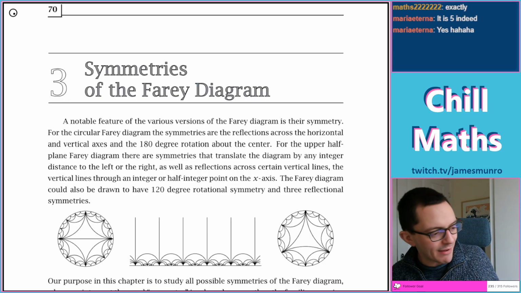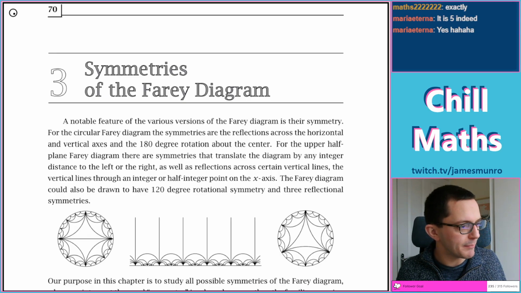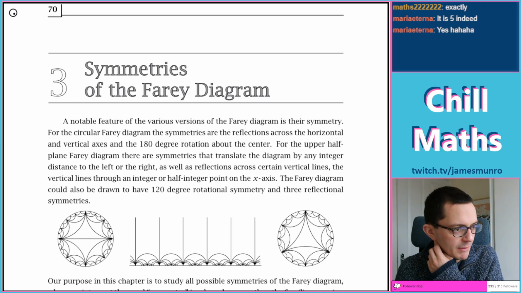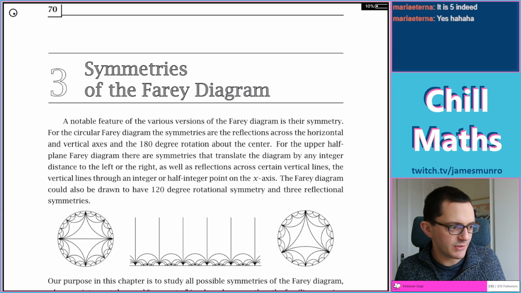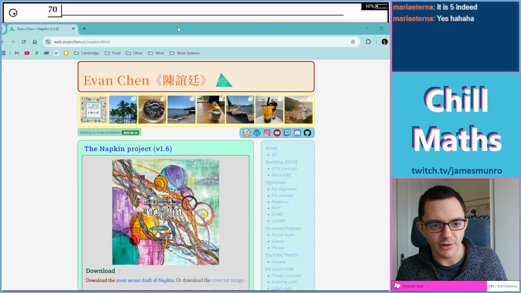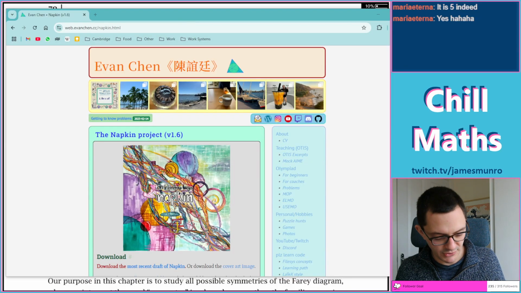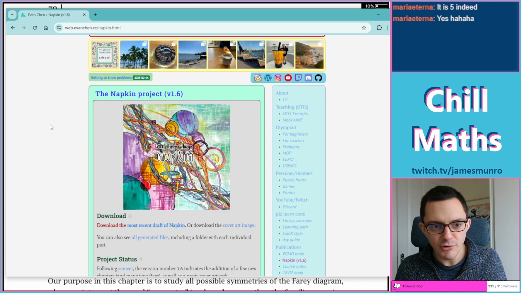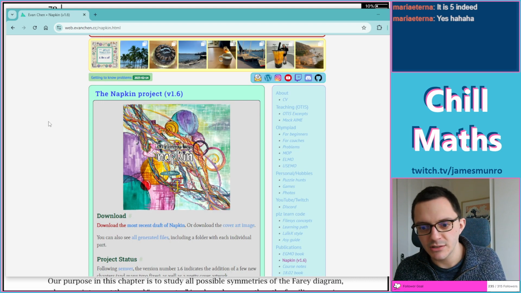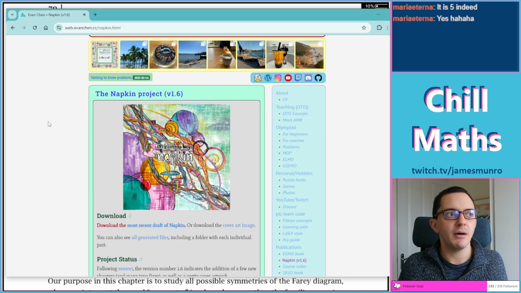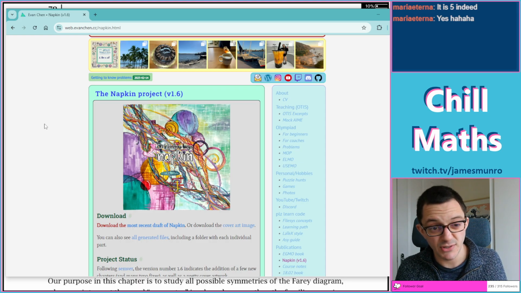Back in. Oh, by the way, I have a book recommendation before we move on. Maybe everyone else is already aware of this book. I found out about it last week. It's Evan Chen's Napkin. I don't know if people have seen this before. The concept here is it's loads and loads of pure maths described properly, but without the proofs.